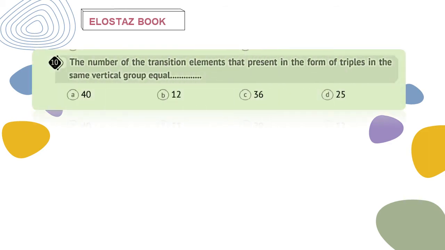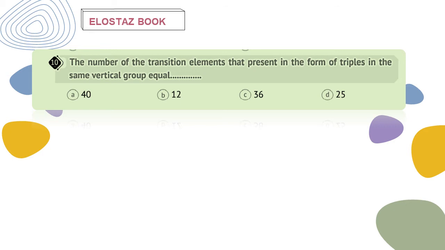Question 10 says: the number of transition elements that are present in the form of triples in the same vertical column equals. Okay, we want to discuss the answer here. We have choices 40, 12, 36, and 25.